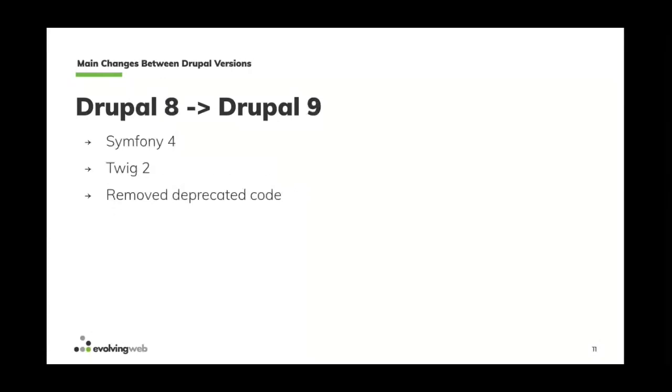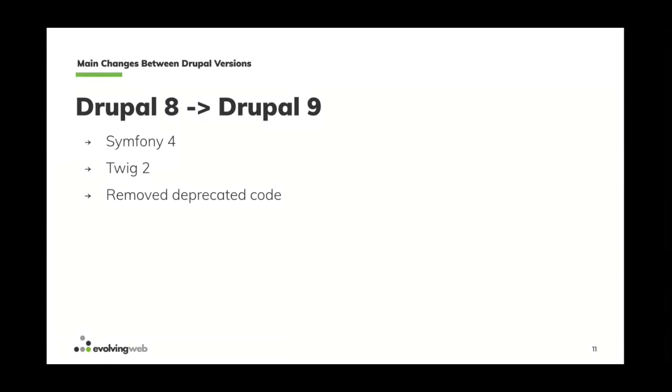Actually, it was just a couple of small things. Symfony was upgraded from version 3 to version 4, Twig 2 was introduced, and all of the existing deprecated code in Drupal 8 was removed. So Drupal 9 breaks backward compatibility with Drupal 8. That allows the core to keep evolving and adding new features.